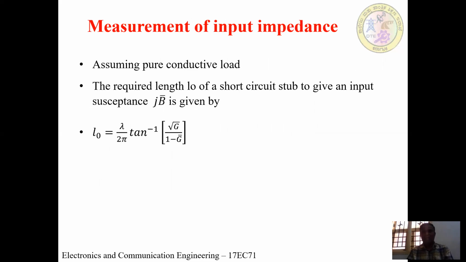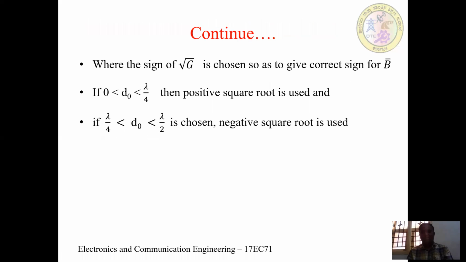The required length L naught is also very important. Besides the formula for D naught, the other empirical formula, for L naught of a short-circuit stub with input susceptance j beta bar, is L naught equal to lambda divided by 2 pi, tan inverse of root G divided by 1 minus G. The sign of the root is chosen so as to give the correct sign for B bar.